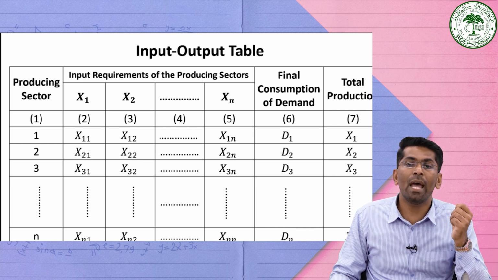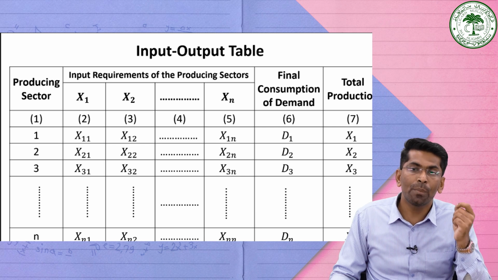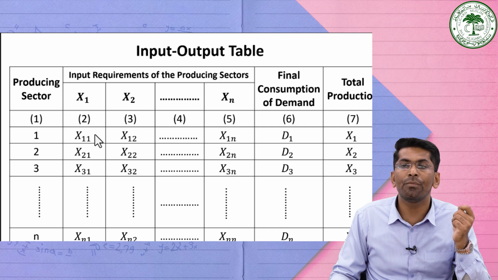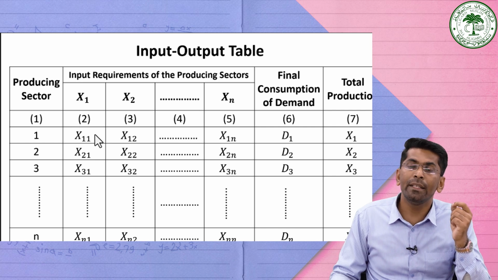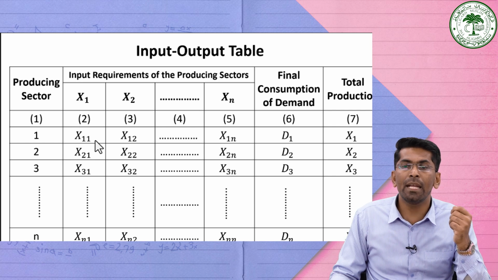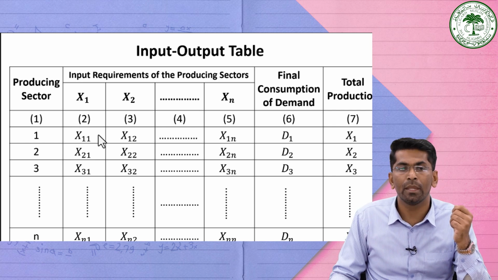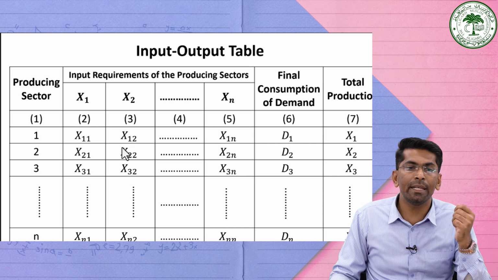The values of the matrix show the proportion of output from each sector that is used as an input by another sector. In the given table we have two interpretations: row-wise interpretation and column-wise interpretation.